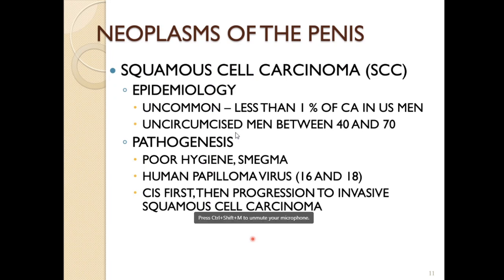Epidemiologically, squamous cell carcinoma of the penis is somewhat rare, less than 1% of cancers in men in the United States. It usually affects uncircumcised men between 40 and 70 years of age. Unfortunately, what we see in our settings is that men come very late.